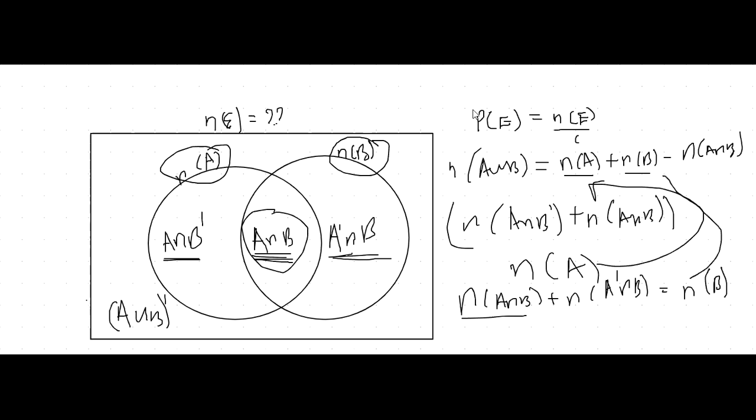Remember when we add this and this, we have added A intersection B.